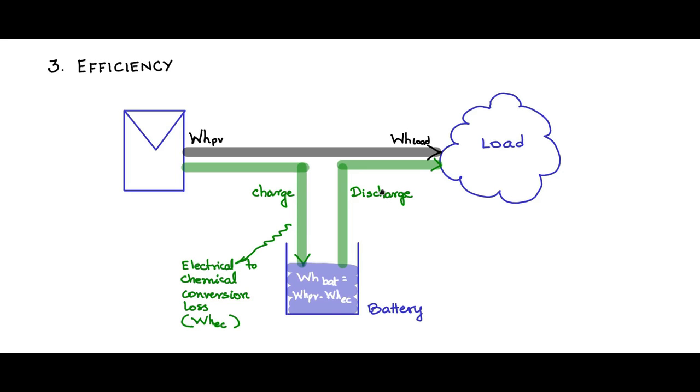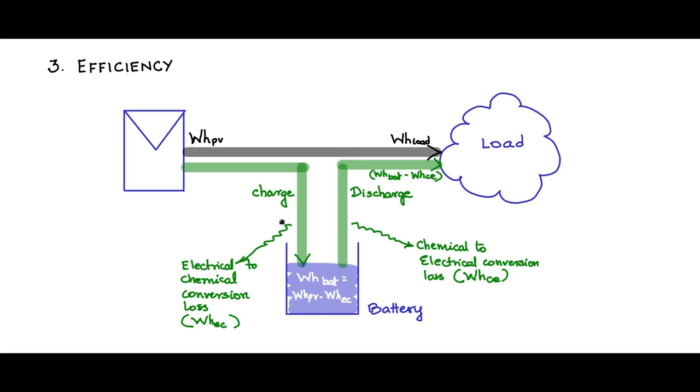In the process of discharging, energy gets converted from chemical to electrical, and therefore there will be a chemical to electrical energy conversion loss, and we will call it WHCE. And what is actually available at the load would be WH battery minus WH chemical to electrical energy conversion loss.